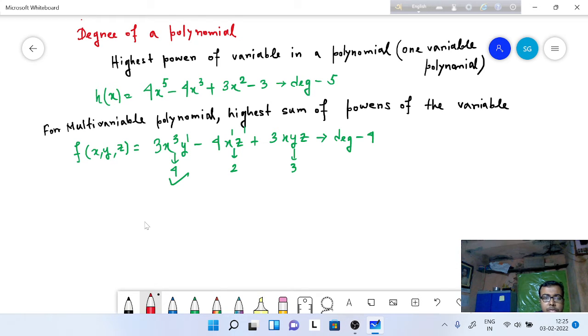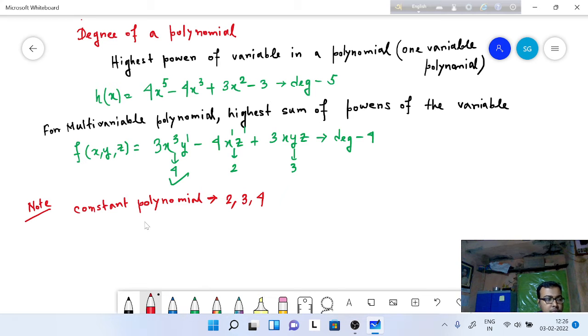And one thing, write a note. Constant polynomial, example 2, 3, 4.